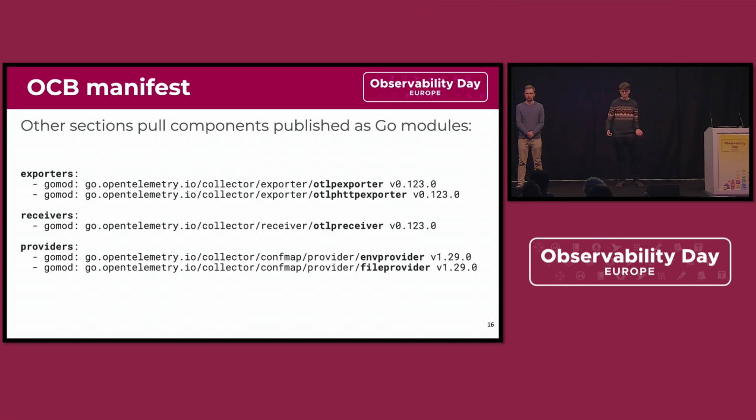In this case, we're just going to have the exporters and receivers that speak OTLP, and then some way of passing our configuration, in this case through files and through the environment variables. As you can see, we specify them with a URL, which is a Go module, and then the version that we want from them. And we'll see how to do it for custom components later.